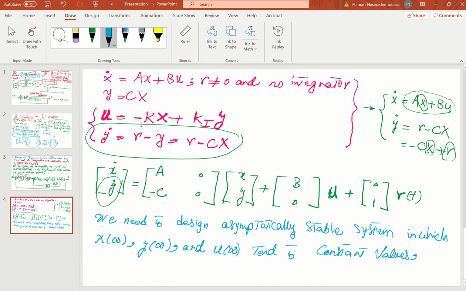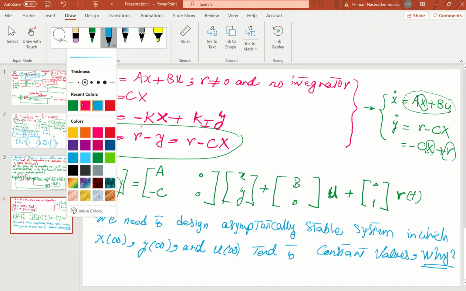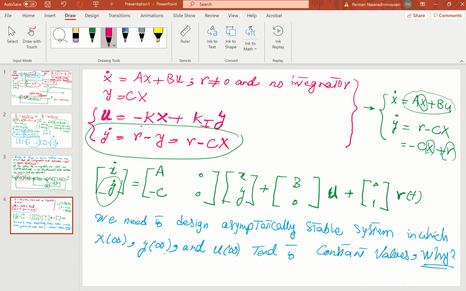But the question is why they have to tend to constant values, guys. If zeta at time infinity becomes a constant value, what is going to happen to zeta dot? From high school mathematics, zeta dot at time infinity is going to be 0.